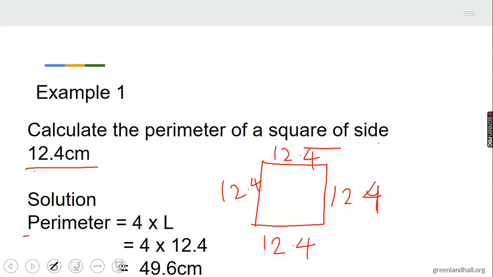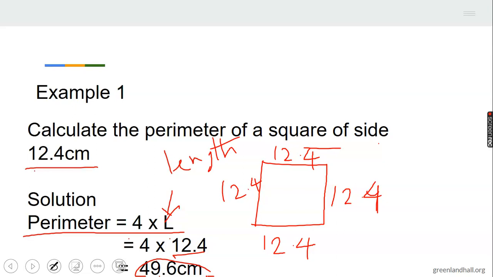Now, this is the formula to calculate our perimeter. What is the length? L represents length. Now, 4 multiplied by the value of one length, which is 12.4, will give us 49.6.